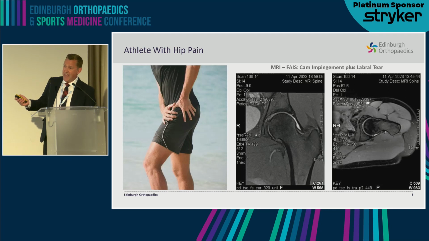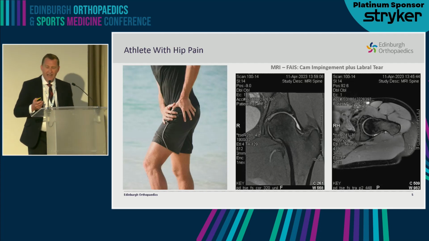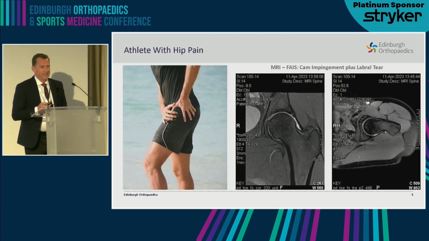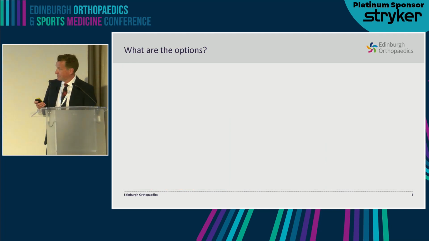I have used the S there, Paul, so hopefully you'll let me away with that one, although that needs to be deleted and the word morphology put in there. So you get your beautiful images, possibly 3D reconstructions. The patient's got a labral tear, they've got the cam. You put it all together and you think, yes, this patient likely has femoroacetabular impingement syndrome.